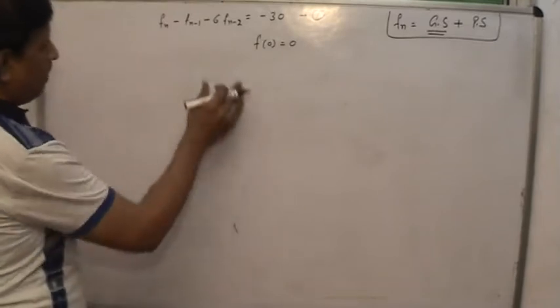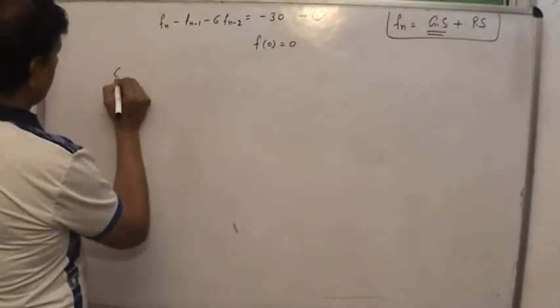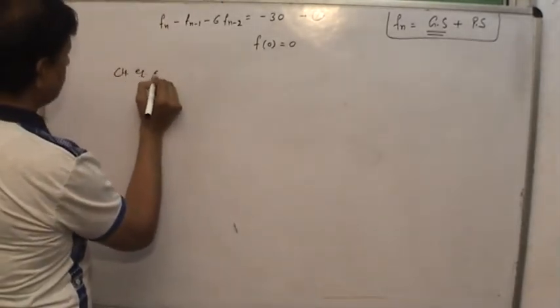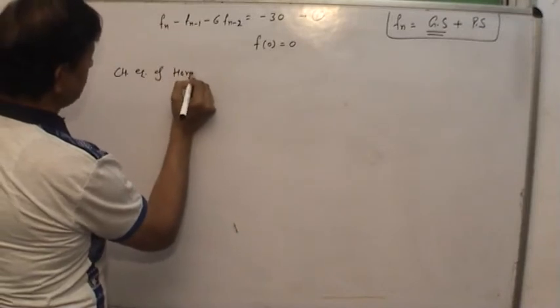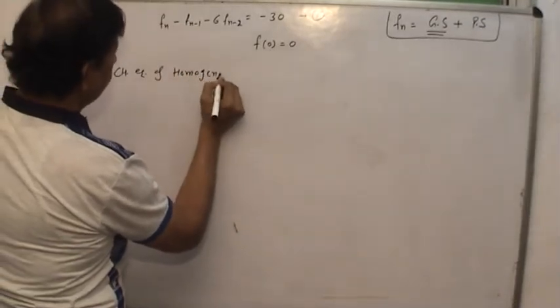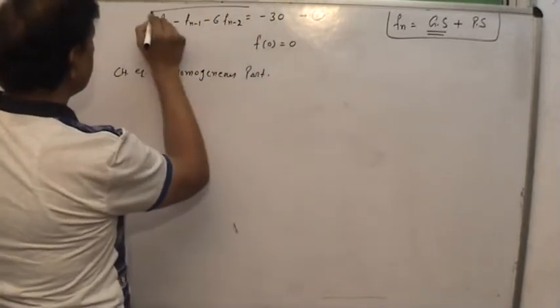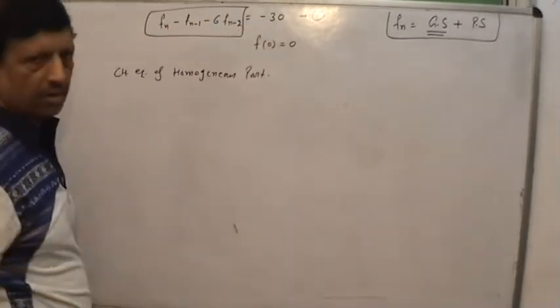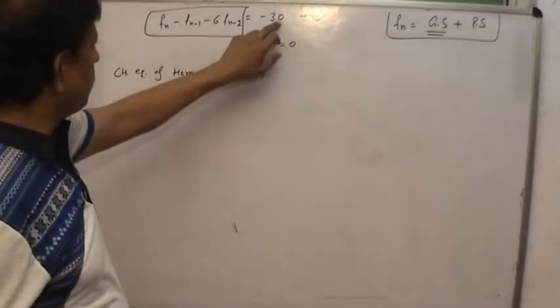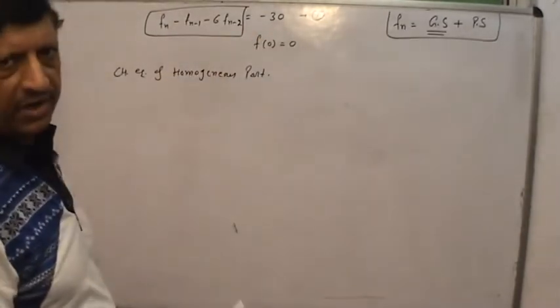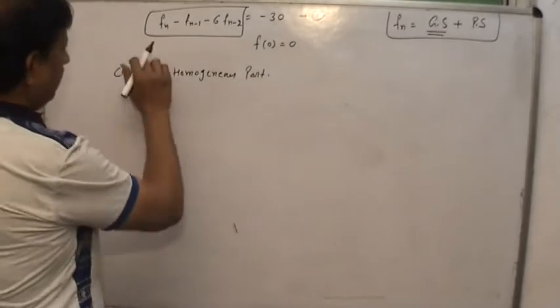See how we write the characteristic equation of the homogeneous part. That is the homogeneous part. What is the homogeneous part? This one is the homogeneous part of the equation. Then we cannot transfer minus 30 to this side. Why? Let us see.